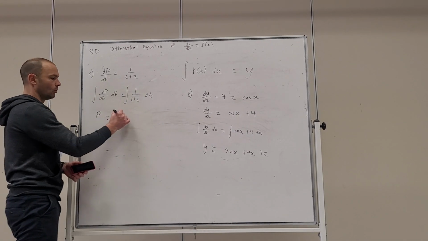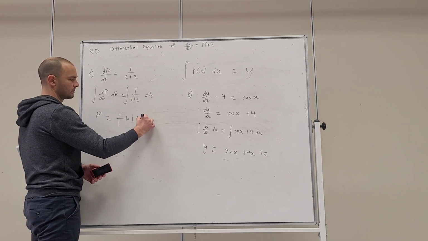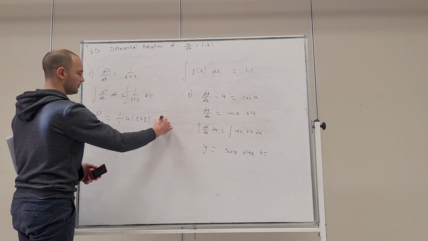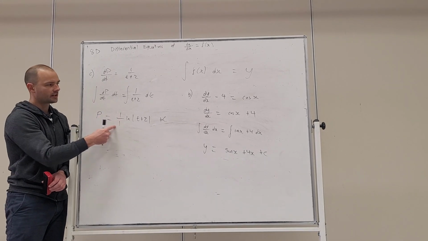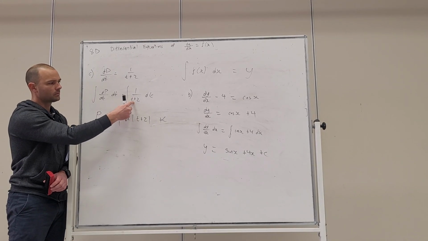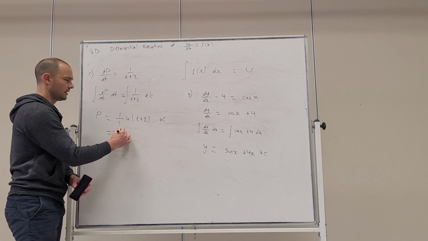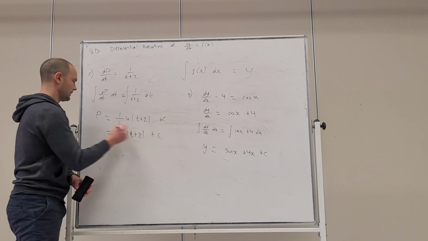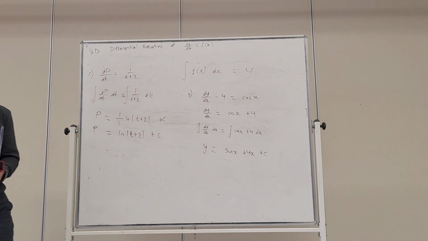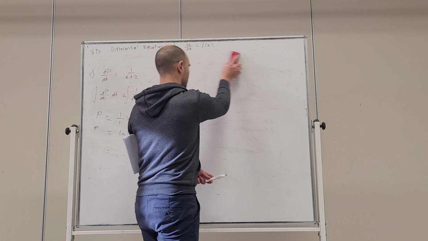This goes to 1 on a ln modulus of ax plus b, and then plus c, where 1 on a is the coefficient of the variable. Alright, so this is just ln of modulus t plus 2 plus c. Alright, so we're familiar with those rules.